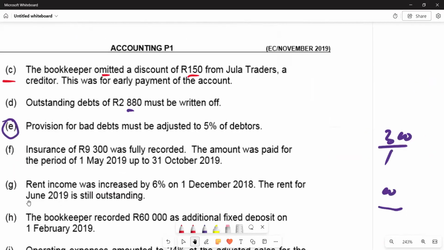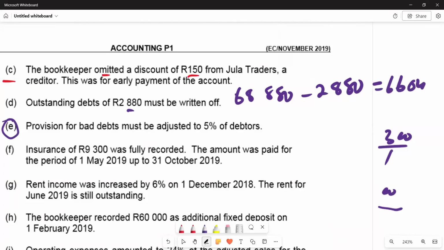We are saying 68,880 we subtract 2,880 to get the net figure for debtors. Let's try to calculate it: 68,880 minus 2,880, we are going to get 66,000.